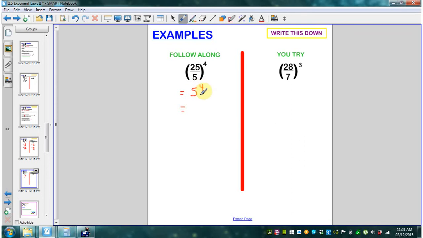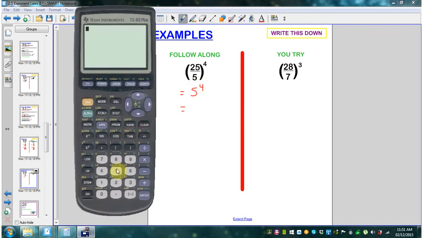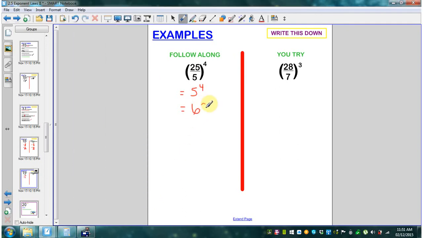Now we have a nice neat little power there. So clear, 5 to the power of 4 equals 625. And then we're done.